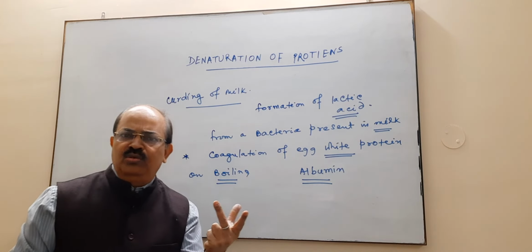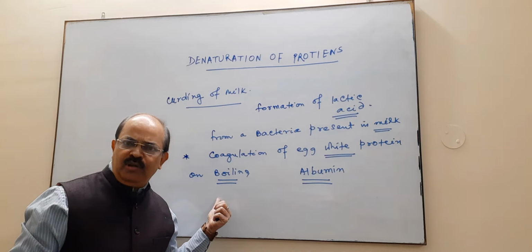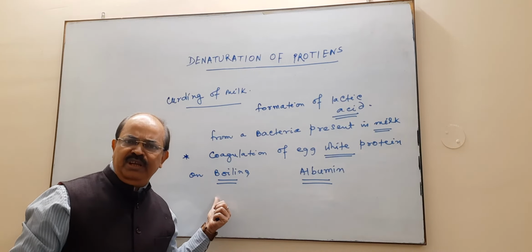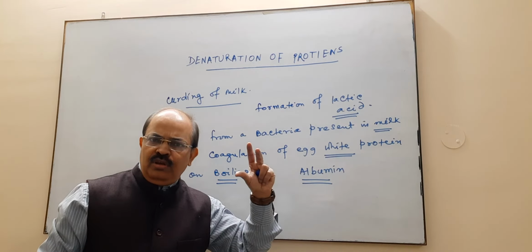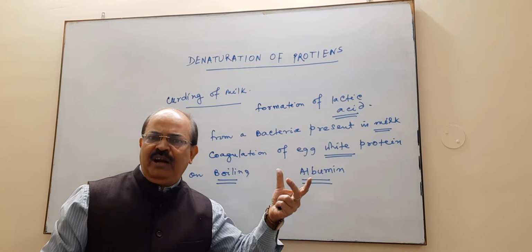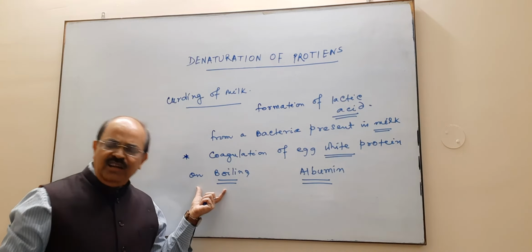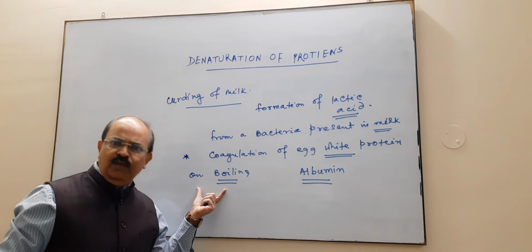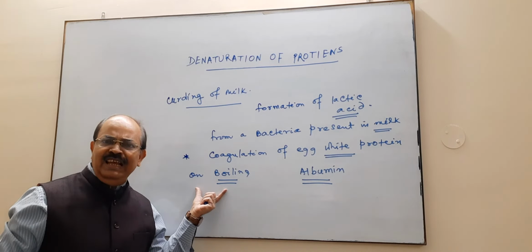दो प्रोटीन होता है। One is soluble protein, globular protein, that is albumin, and another, जो पीला वाला भाग होता है, yellowish part, जिसको आप योक कहते हो। So that white protein, that is albumin. So what happens on boiling egg?